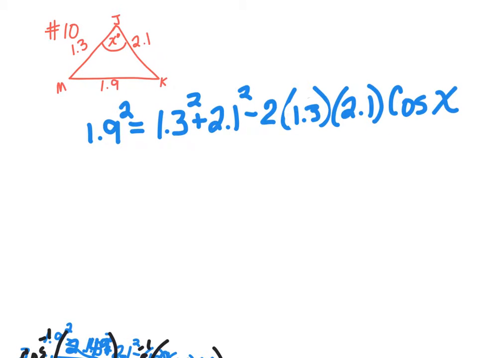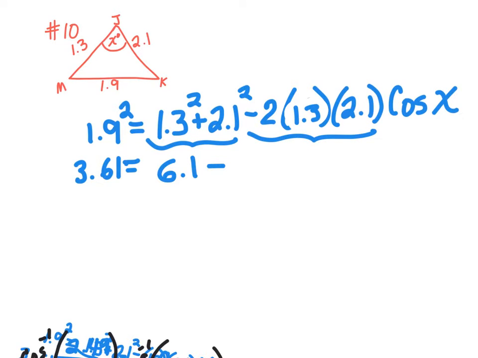So far, so good? Wonderful. So 1.9 squared gives you 3.61. And when you square those two and add them, what did you get on that? 6.1. Great. And then the product of those two with the 2 would be what? 5.46?